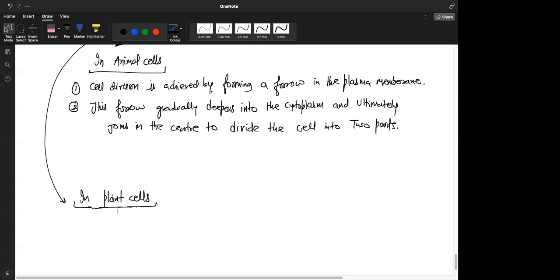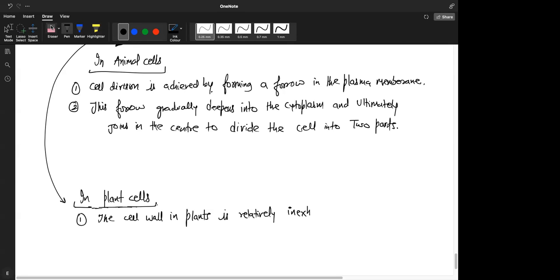Now write down, in plants: the cell wall in plants is inextensible. It cannot be extended or pinched. It is rigid. The cell wall in plants is inextensible relative to the cell membrane.